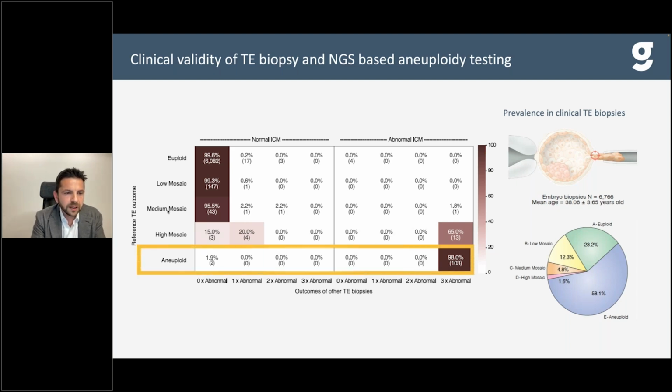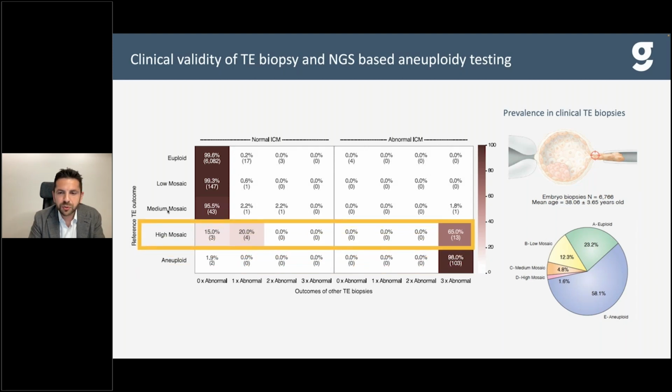For instance, for the uniform aneuploid classification, you can see that in 98% of cases, the abnormality was present throughout all the embryonic sections, confirming the likely meiotic origin. In the high mosaic range, we indeed identify a kind of gray zone where some true mosaic cases may be present.